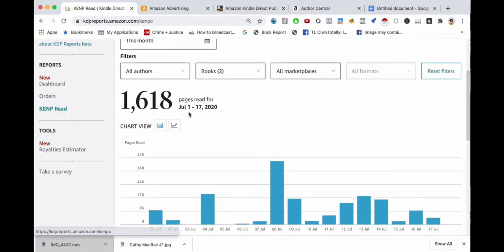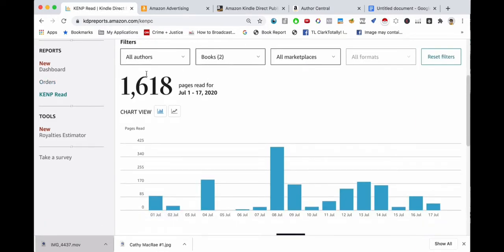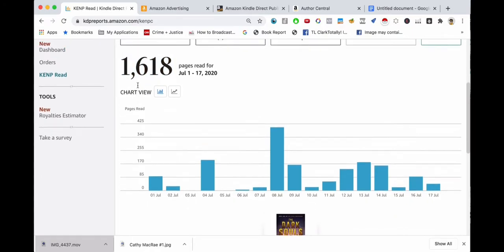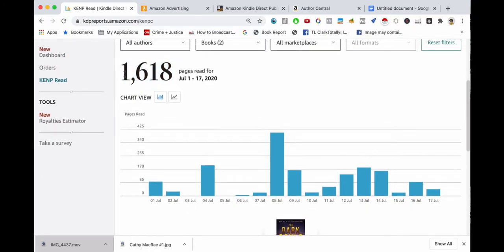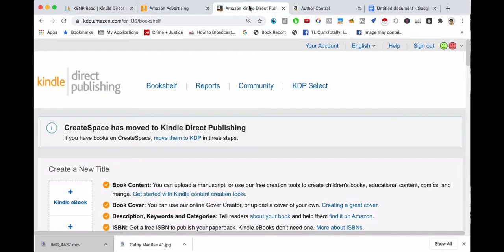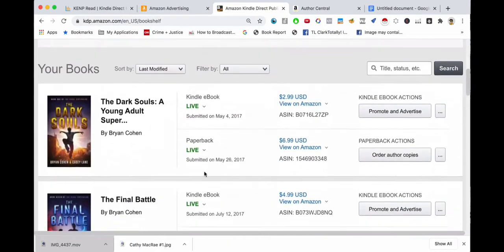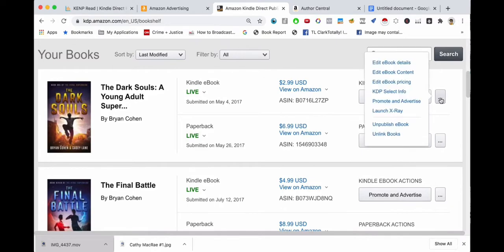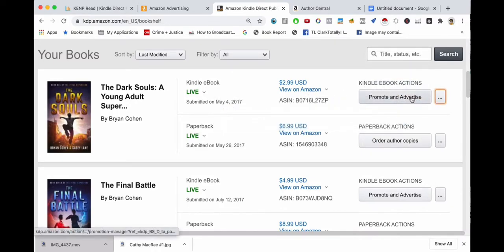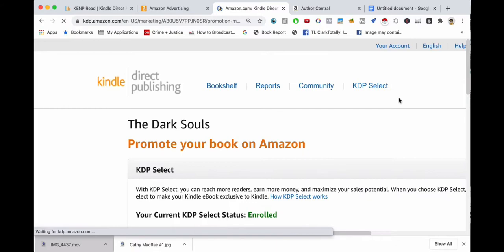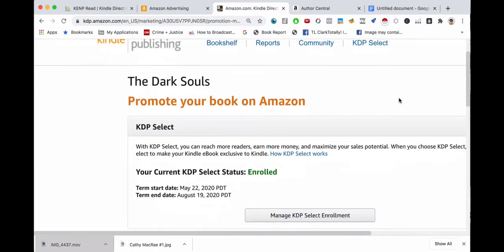And then we want to go over to KENP. So we still have these, and we have 1618. But how do we translate that into the number of people who've had a full KU read from front to back? Well, we actually have to go to our bookshelf here, and we're going to go to the Dark Souls. We're going to go back to our promote and advertise button for your ebook.